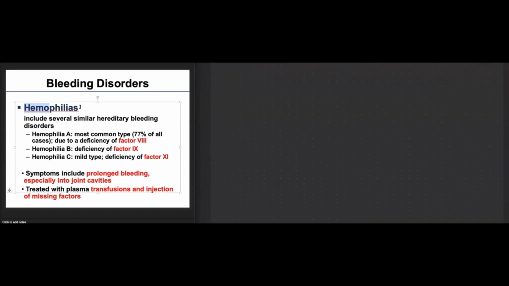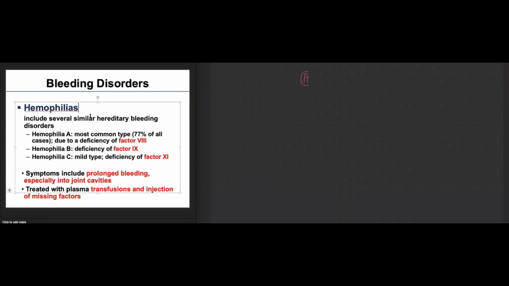What I mean by loving the blood is I have a greater risk of bleeding. I have a greater tendency to bleed. And hemophilias are going to be due to defective and deficient coagulation factors.